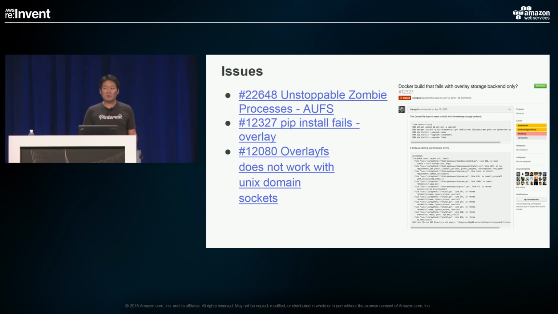But the problems are pretty easy to resolve by upgrading the kernel version to a newer one. For example, the pip install failure issue, which blocked our Python project for a while, but we found kernel 4.5 resolved it perfectly. And similarly, the overlay file system issue with the Unix daemon socket file, which is supported in kernel 4.7 and also backported to kernel 4.4.